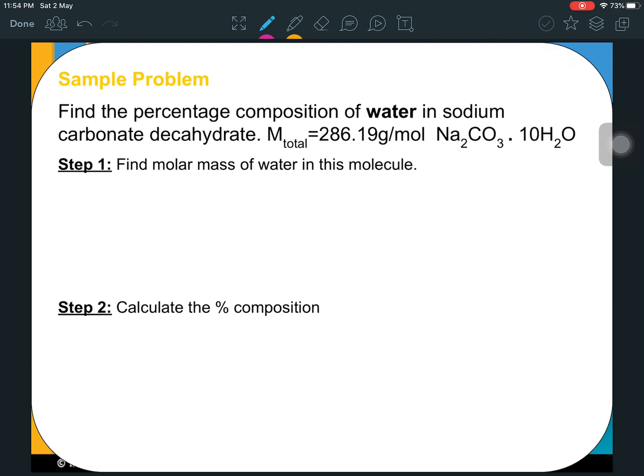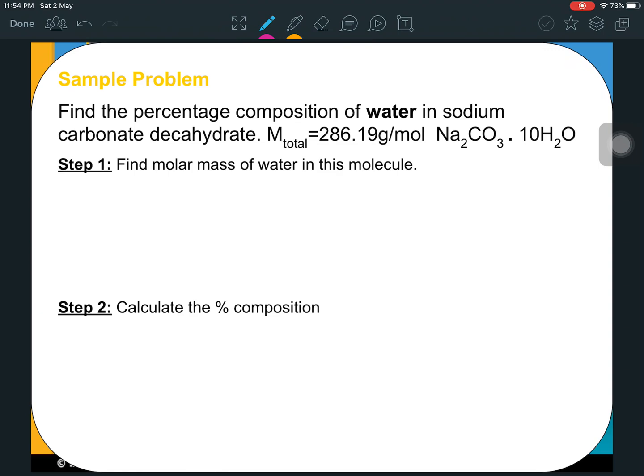Now we're going to go into one that is a little bit different, but honestly, it's not harder. In fact, it's kind of easier. In this question, we need to find the percentage composition of water in sodium carbonate decahydrate, all right? In some compounds, water can attach to the compound and form a hydrate.